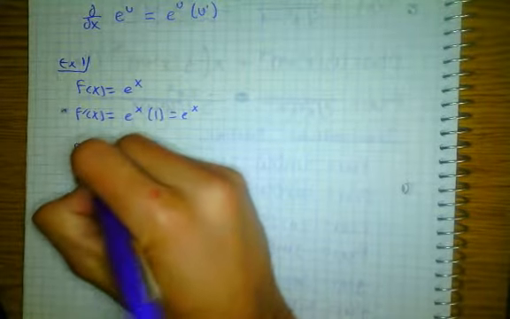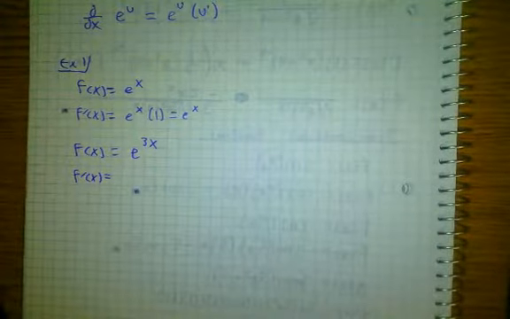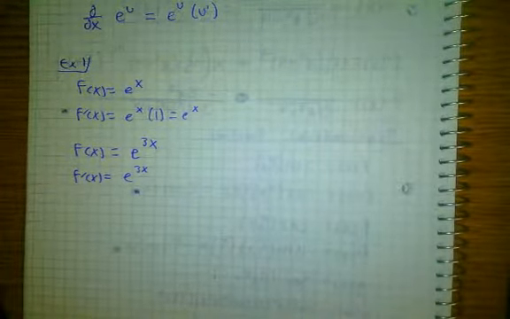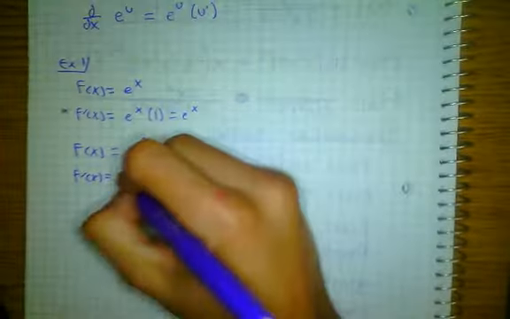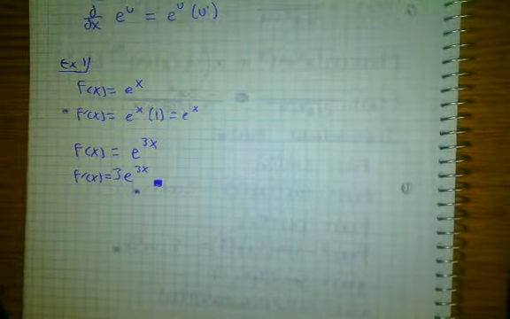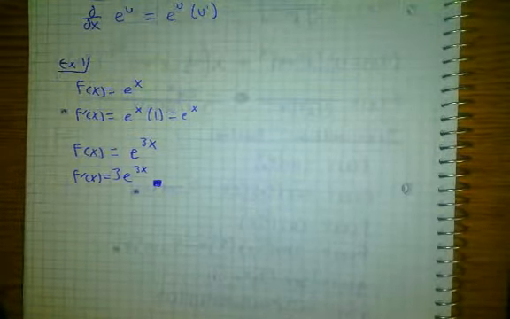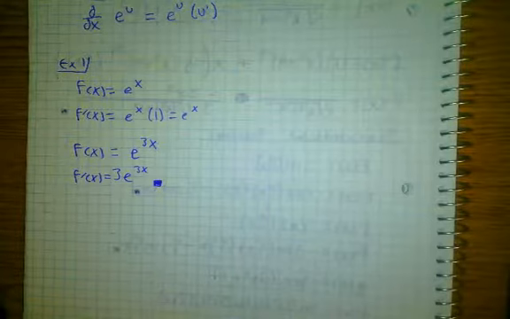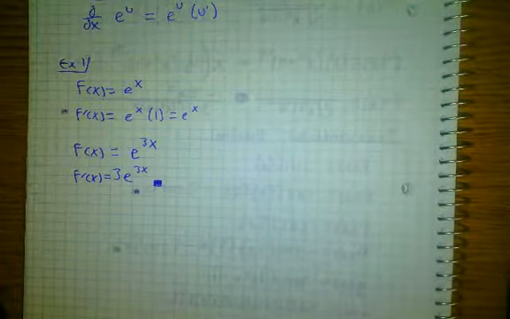What would f prime of x be? E to the 3x times the derivative of the exponent, which in this case is 3. Cool?